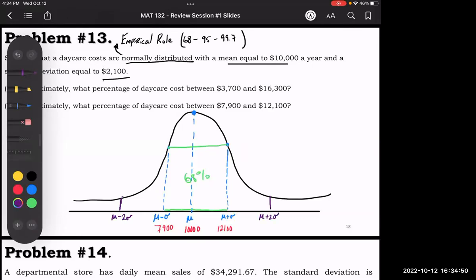Well, if I take the mean minus 2 times the standard deviation, what would that value be? Take the mean. Yes, 5,800. On the other hand, if I were to add 2 times the standard deviation to the mean, what would that be?